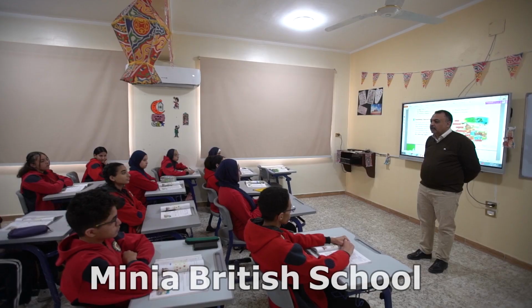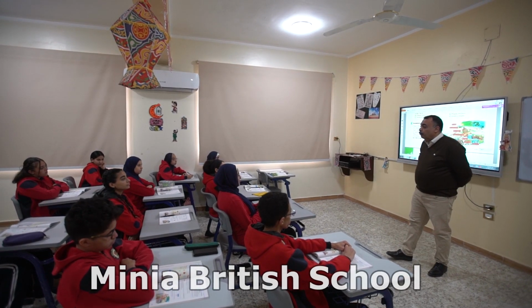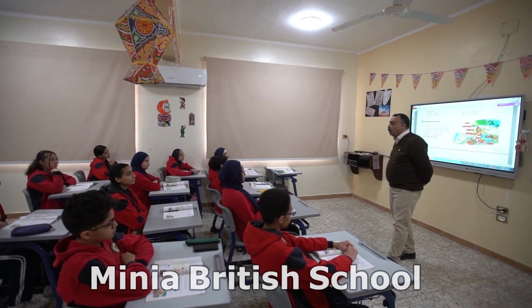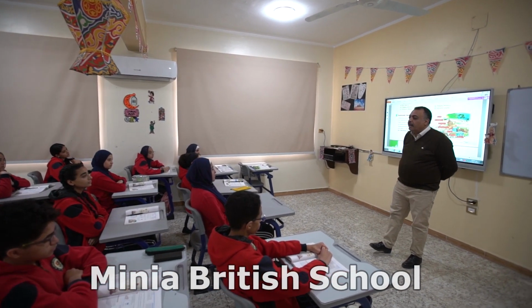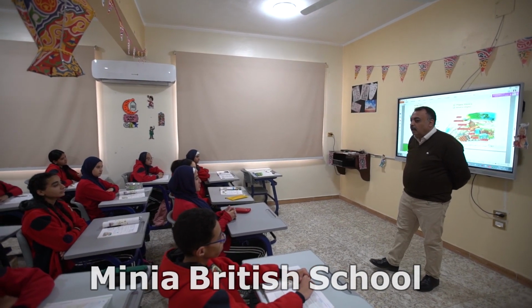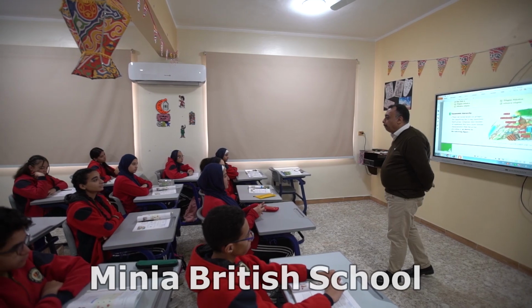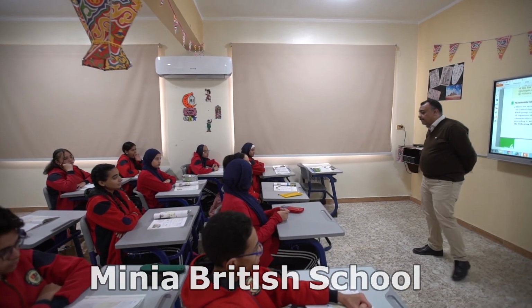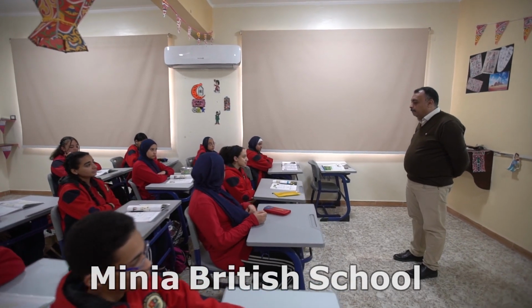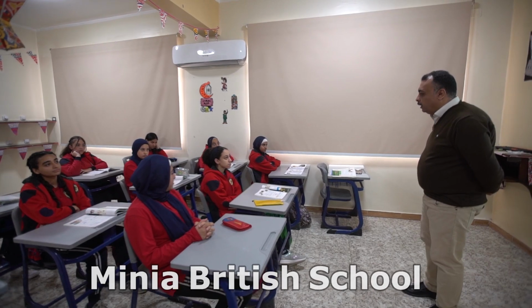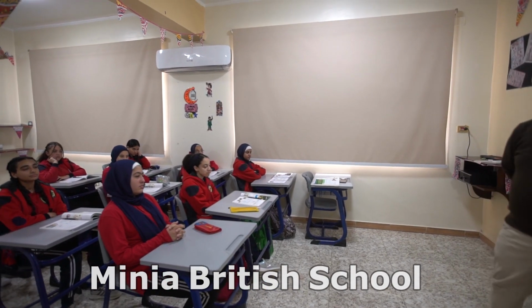Now, before we go to another item, please tell me: what are the two main conditions we consider in identifying a species? The living organisms should be able to mate and produce fertile offspring. Okay, very good.